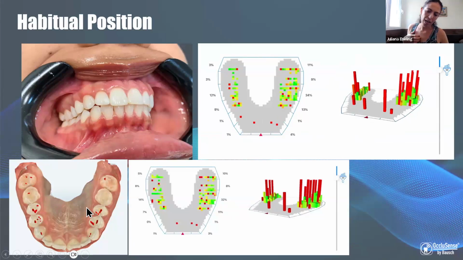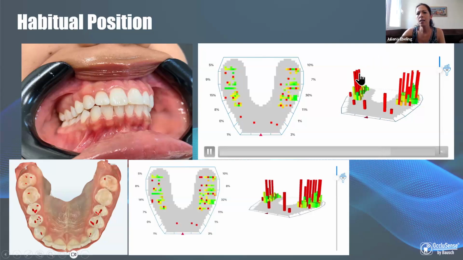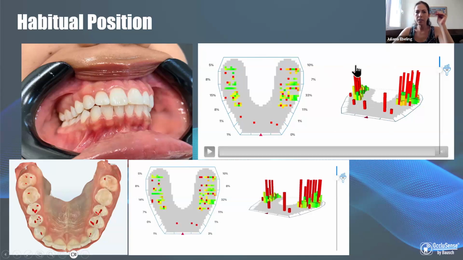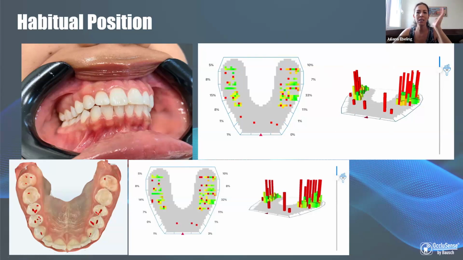For this reason, it's very important, and we see that these contacts are not kept for a long time. The patients need maximum muscle activity to achieve this contact and keep it with the muscle activity. The contacts only happen with muscle activity.